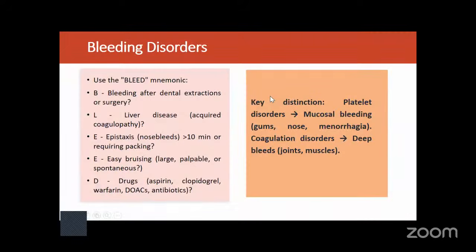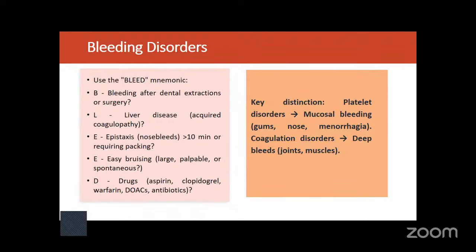Then there are the bleeding tendencies, indicating thrombocytopenia or platelet dysfunction of any cause. In a patient you suspect is presenting with anemia, you now need to rule out all the things that can lead to loss of red blood cells. So we can use the BLEED mnemonic.